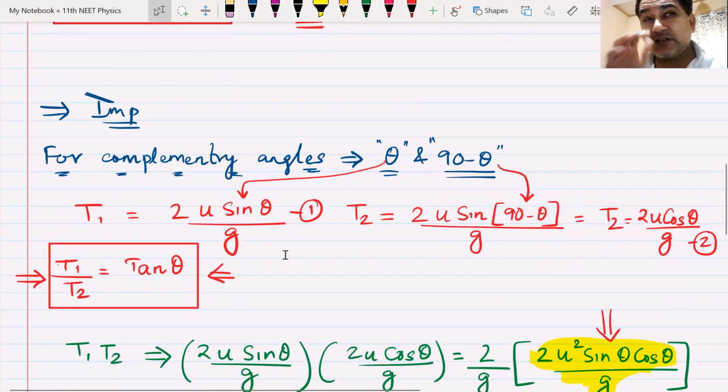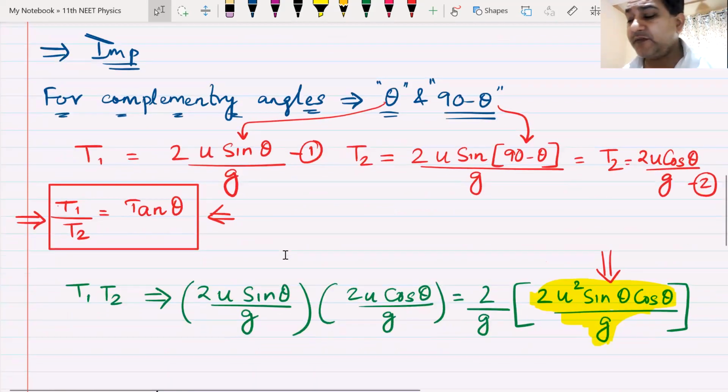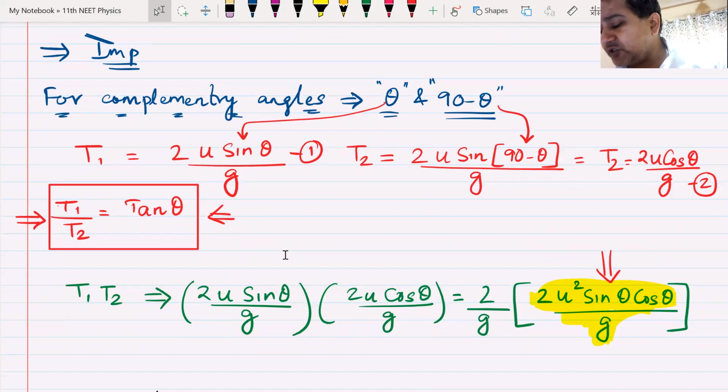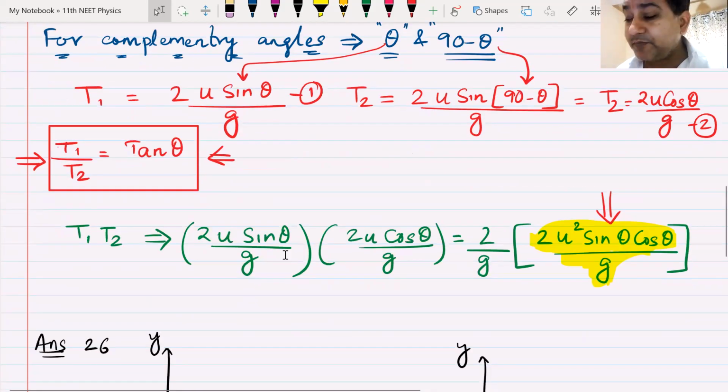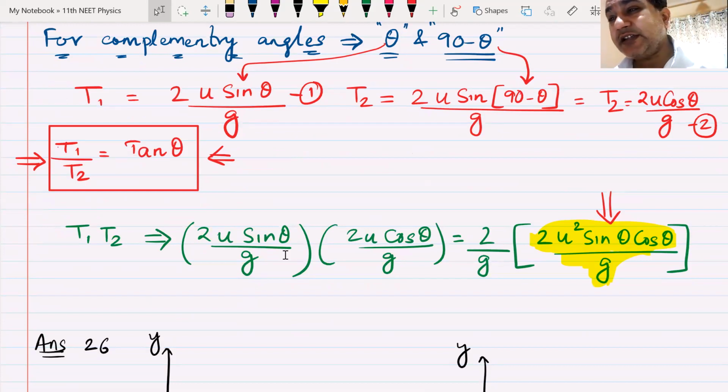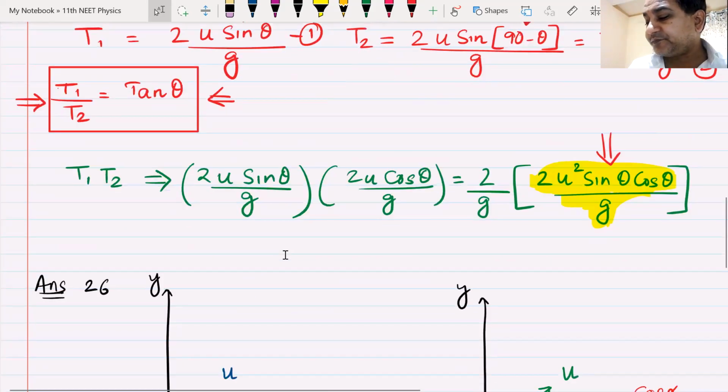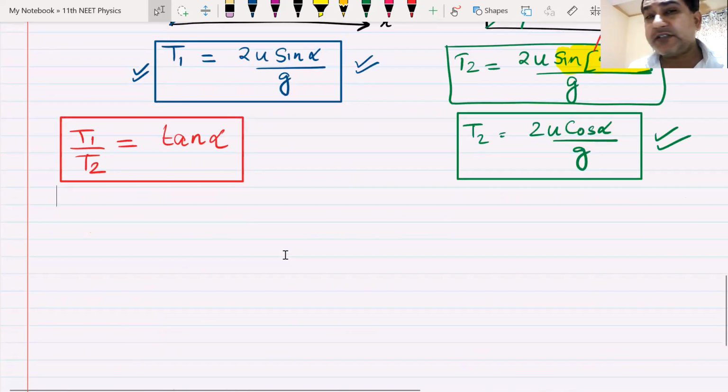For complementary angles, we had seen T1 by T2 is tan theta, the same thing we did in the form of a question. We also saw T1 multiplied by T2 is 2 by g multiplied by 2u square sine theta cos theta by g. I also told you why we have written it in that fashion. By the end of this class, probably you will understand this. Then we did questions.